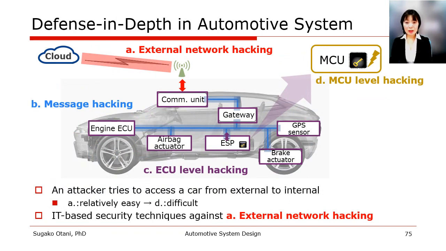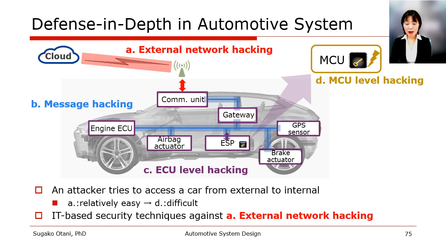We need to consider a defense-in-depth approach because an attacker looks for an easy entry point first. In automotive systems, the attacker may think of external network hacking first, then message hacking, ECU level hacking, and MCU level hacking.